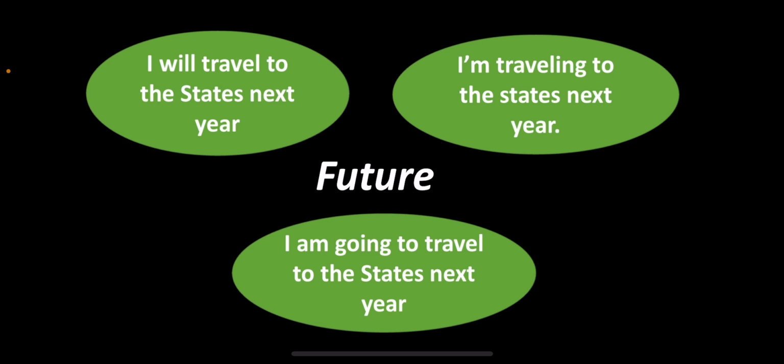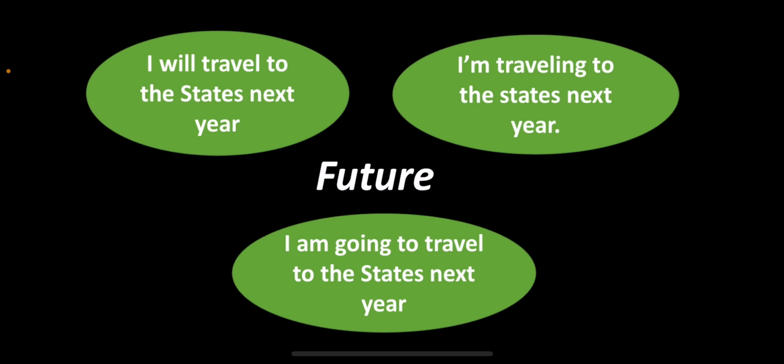So I am going to travel to the States next year is also a future sentence, right? But if we take a look at the last sentence, we can also understand that it is referring to the future. So the three sentences are talking in some way about a future event.